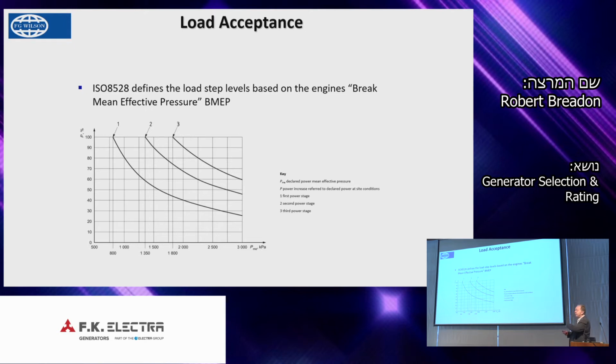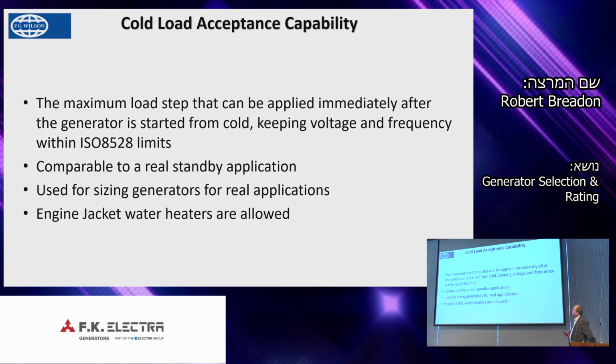But what I'm referring to here is if someone defines the requirement to be ISO 8528 G2 load acceptance and they don't put a load step requirement, this is what we would reference against.